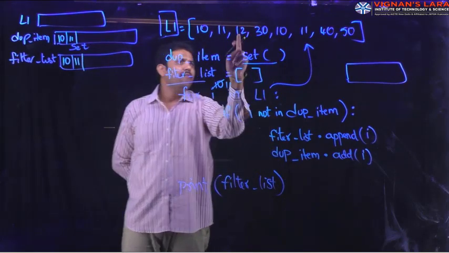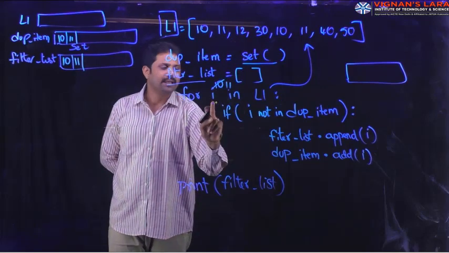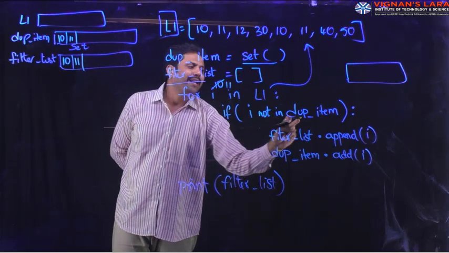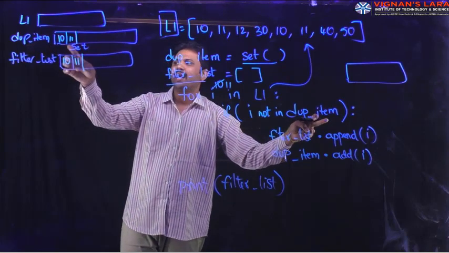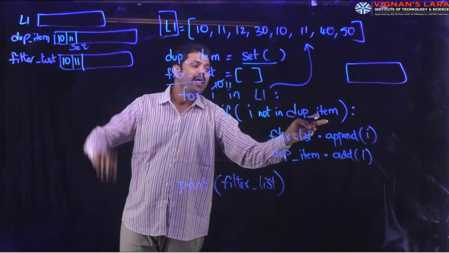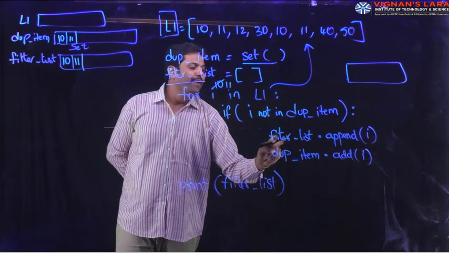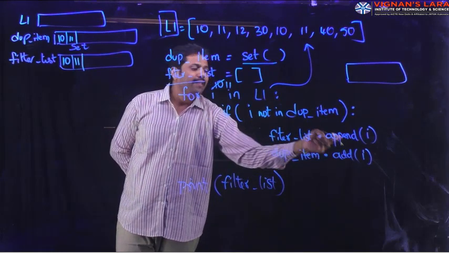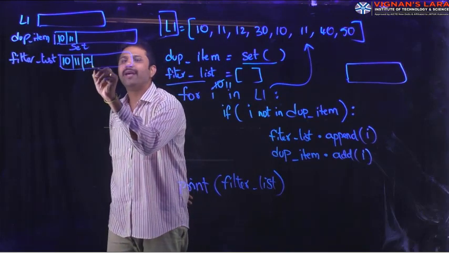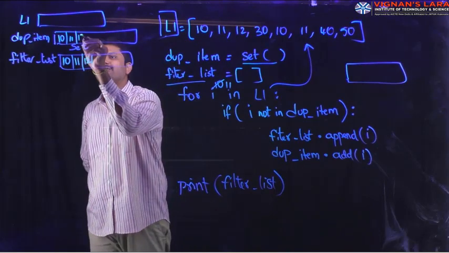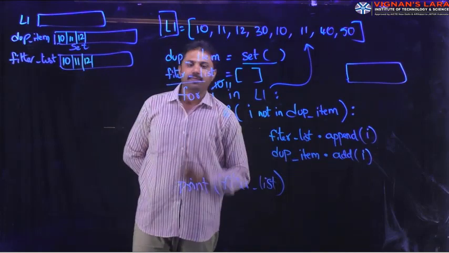Like this, for the third iteration, 12 is passed. 12 not in duplicate item. Check the duplicate item: it contains 10, 11, but not 12. That means the condition is true. Filter list dot append, so 12 is stored here, and 12 is also stored in duplicate item.